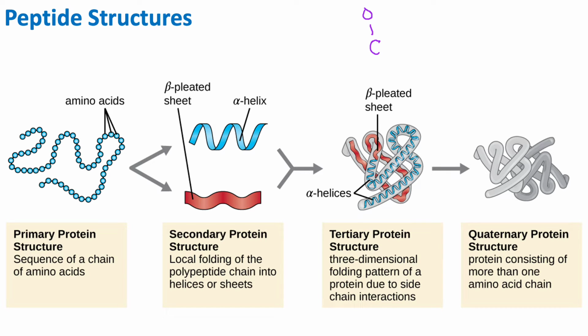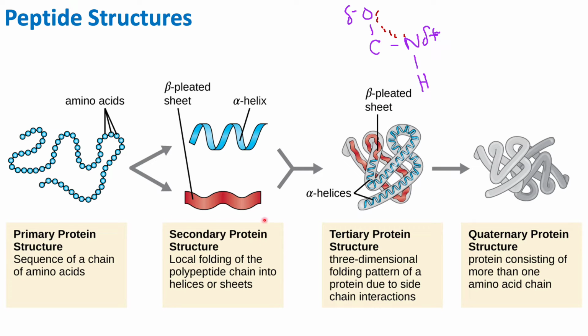So on our peptide bond, this is what it looks like. And remember that this oxygen is a partial negative, and nitrogen has a partial positive because we have an electron pair that is delocalized. So since we have these opposite charges within our alpha helix and beta pleated sheet, these opposite charges can take part in hydrogen bonding.